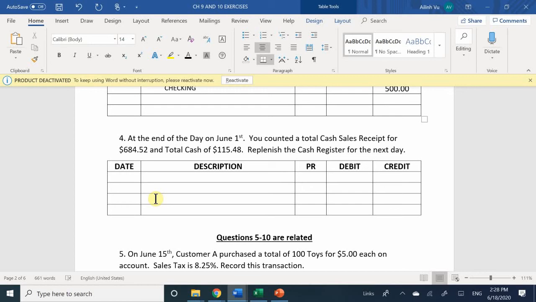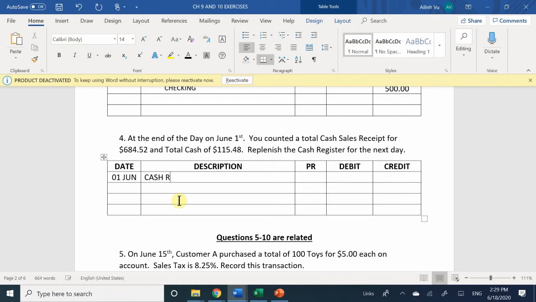To replenish the cash register, you just write a check for $684.52.